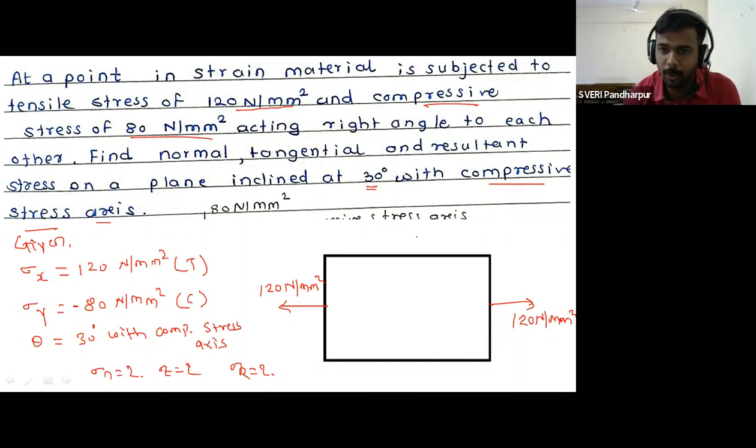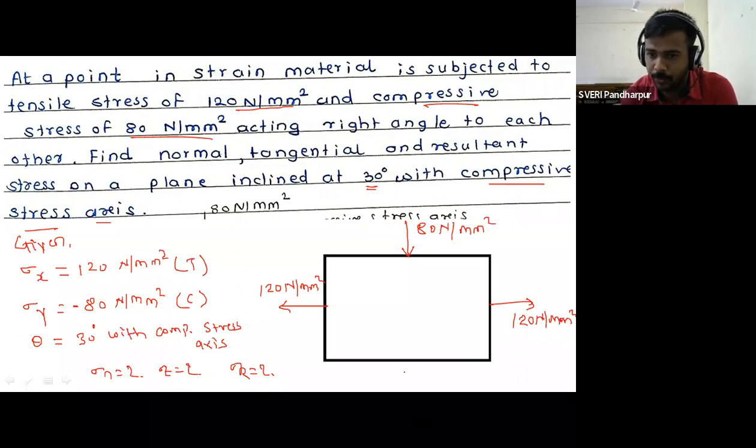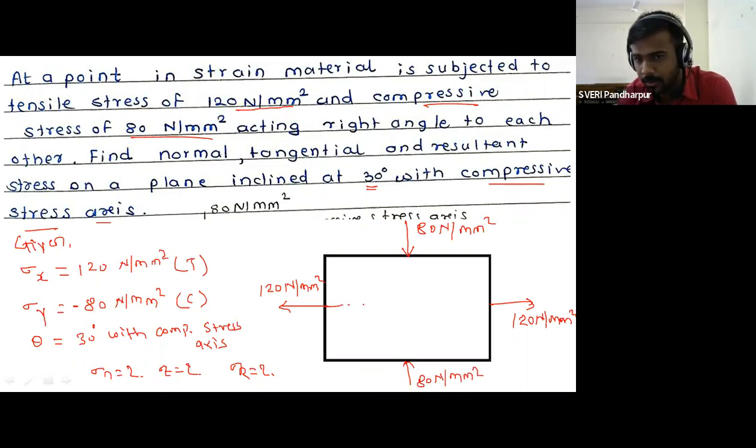So another stress is compressive, so you have to represent their direction also in the form of compressive region. So it is equal to 80 Newton per mm square. At the bottom side also it is equal to 80 Newton per mm square. So these are the axes.